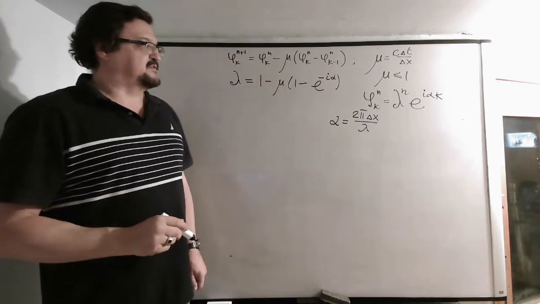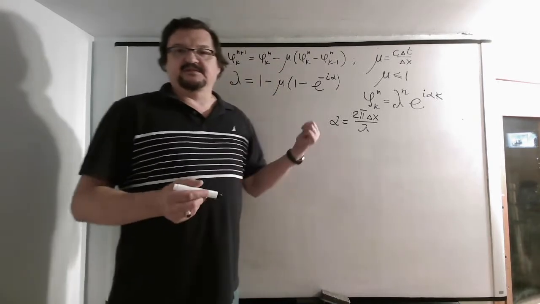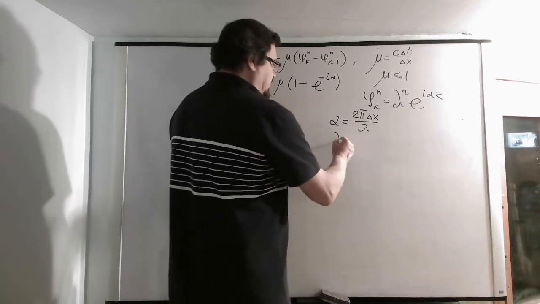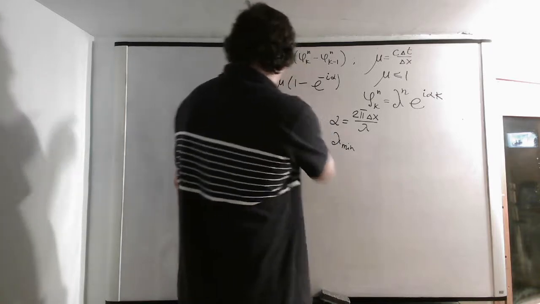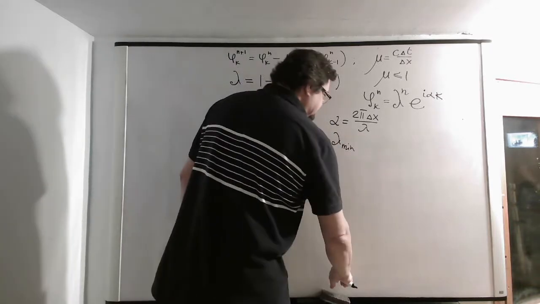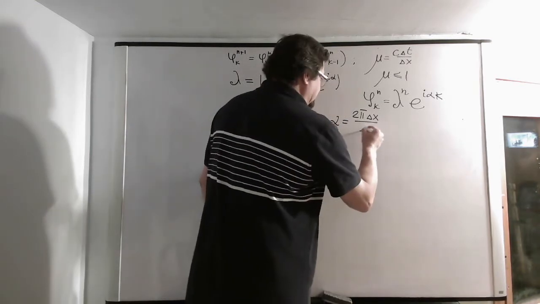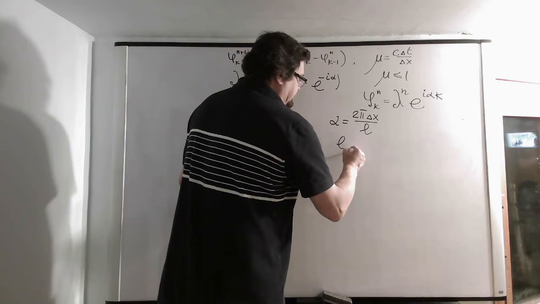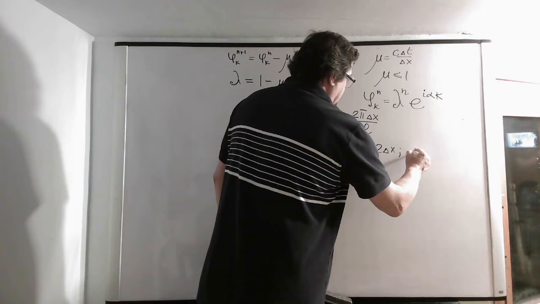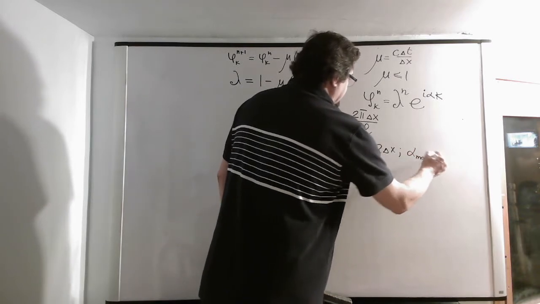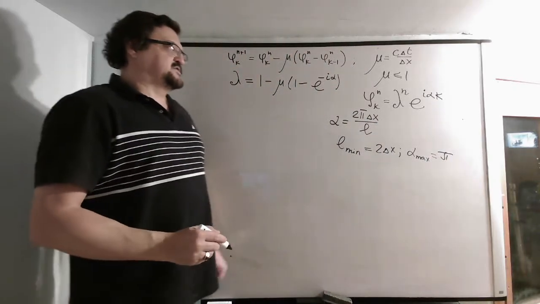And of course the shortest waves that can be represented on the grid, I mentioned that: the minimum wavelength (let's use L for wavelength, just not to mix it up with lambda) equals 2 delta x, so that alpha maximum equals pi.